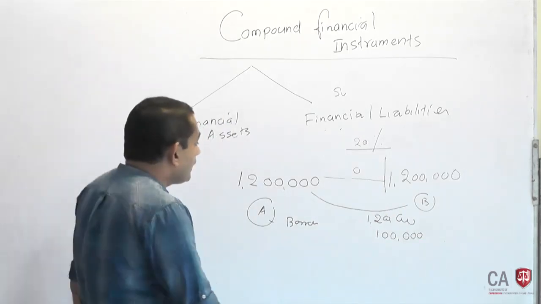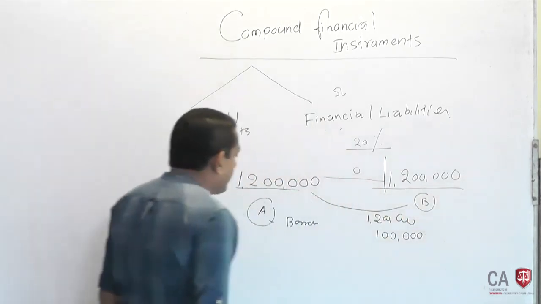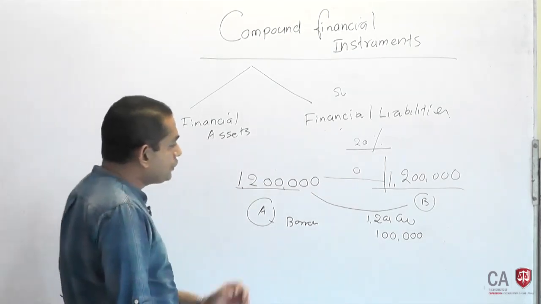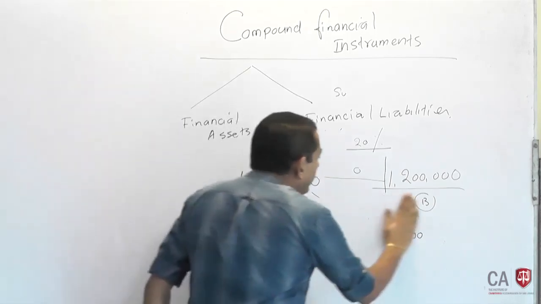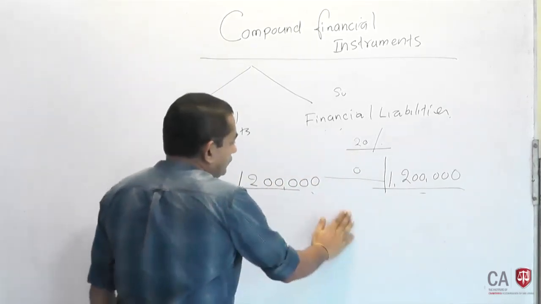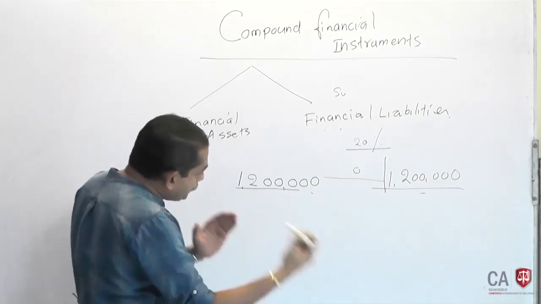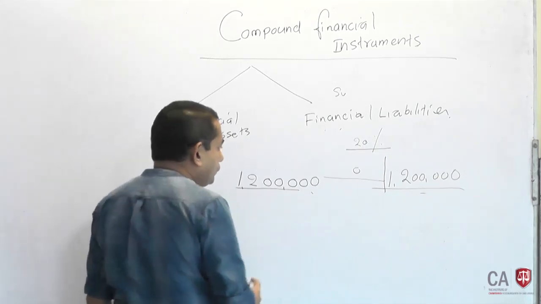Now, since the transaction is not arm's length, values are not the fair values, you need to find out the fair value. How do we find out the fair value? In our normal language, you need to convert this into an arm's length transaction. How?